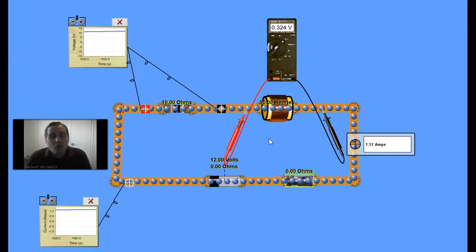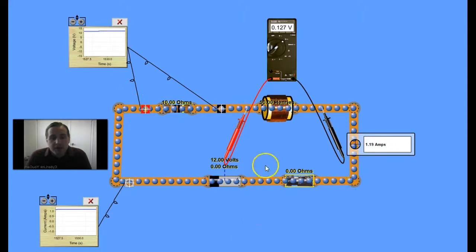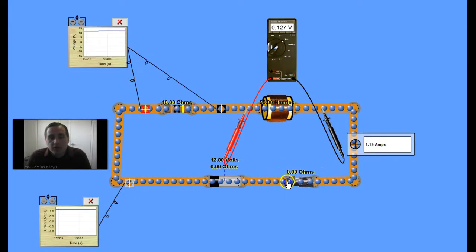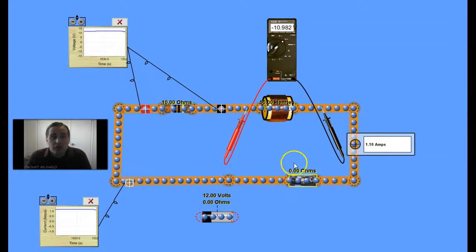But then, what you could do is you could remove the voltage source. So perhaps I pause here, I leave the inductor charged, I open the switch for a second, and then I remove the voltage source, I reconnect the switch, and then now I allow this inductor to discharge.